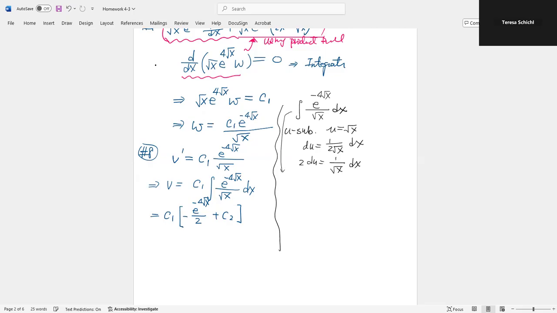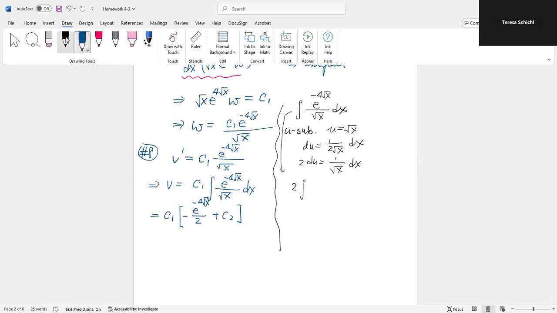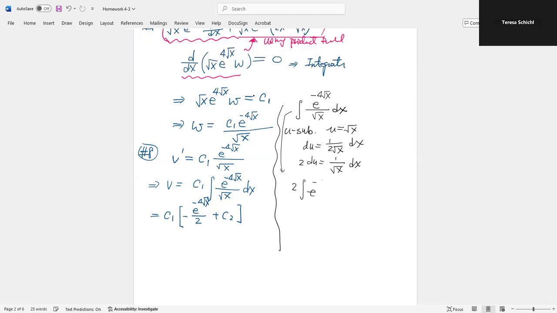Then this one here is going to be 2, and e to the negative 4u du. So now this will be 2 times negative 4, e to the negative 4u plus c. That's right. Then this one cancels, so that's why you will get a negative e to the negative 4 square root of x plus c. That's how I get here.